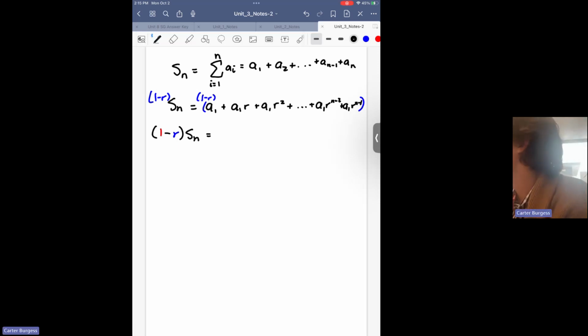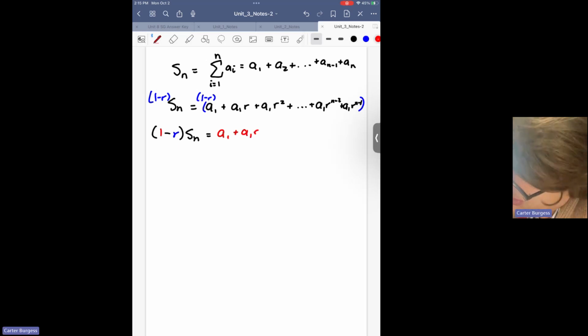All right. 1 times s sub n is just a carbon copy of itself. Right? We get the exact same thing. So this is just a sub 1 plus a sub 1 r plus a sub 1 r squared all the way up to a sub 1 r to the n minus 1.